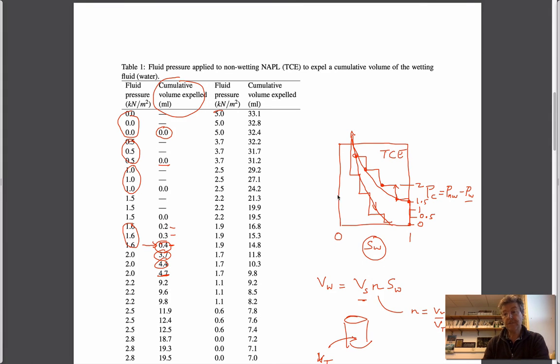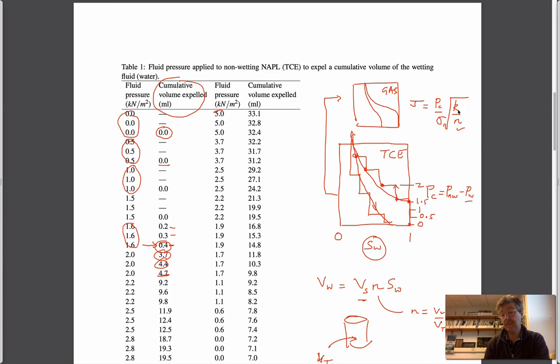Once you have this graph for TCE, you'd like to be able to convert it to be for gasoline. And to be able to do that, you need to make use of the fact that the capillary curves all overplot each other if you realize that they behave with the same Leverett functions, which you presumably know for this.